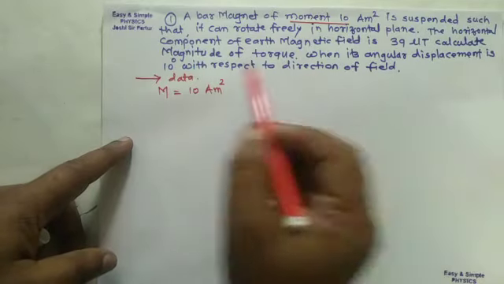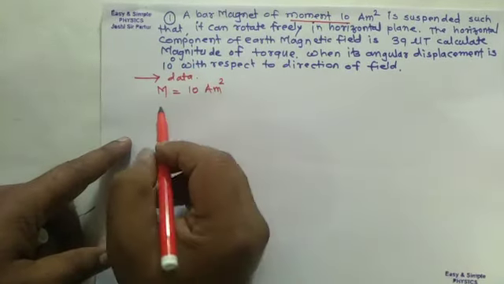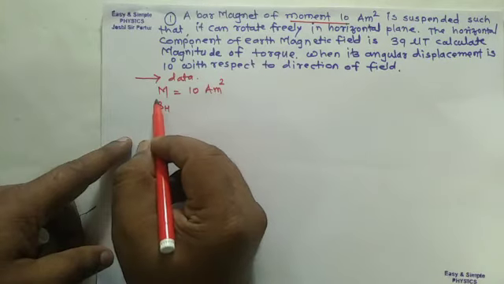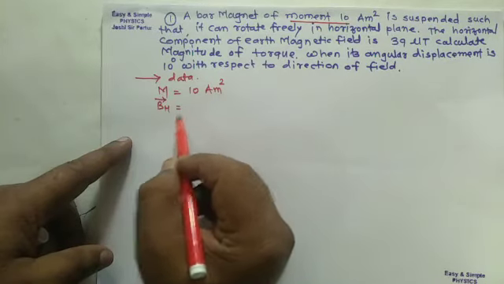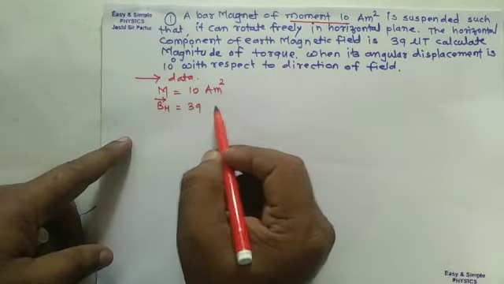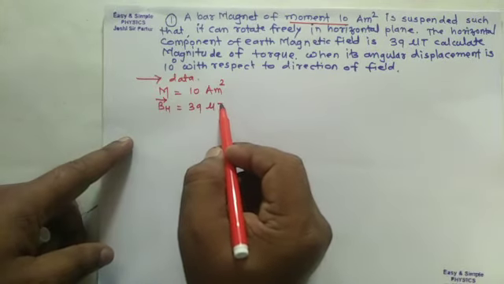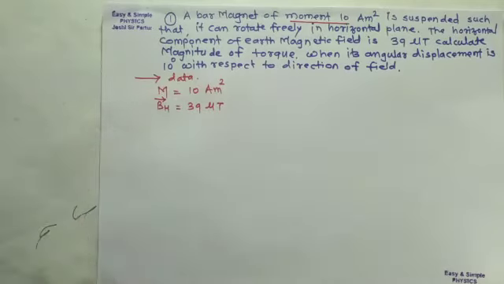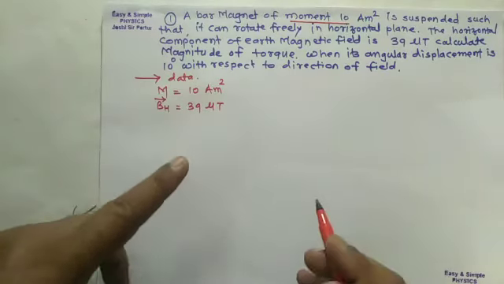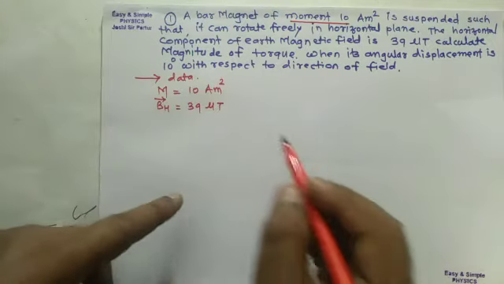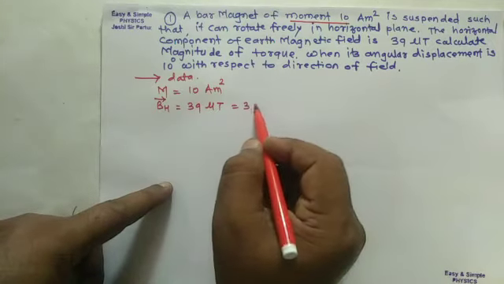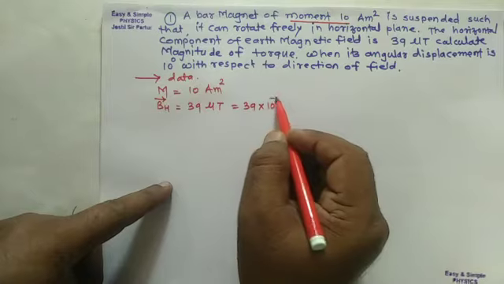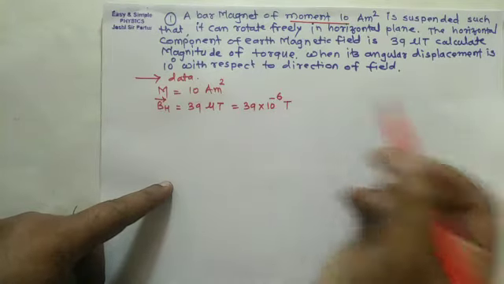Again, here the earth's magnetic field induction, that is BH, will be 39 microtesla, that is 39 into 10 to the power minus 6 Tesla, or Weber per meter square.